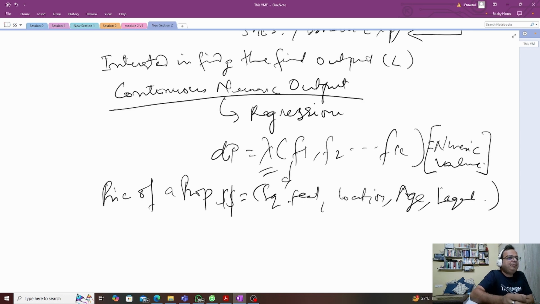And then there can be different forms of regression. If it is a kind of a time-averse regression, then it is called time series.